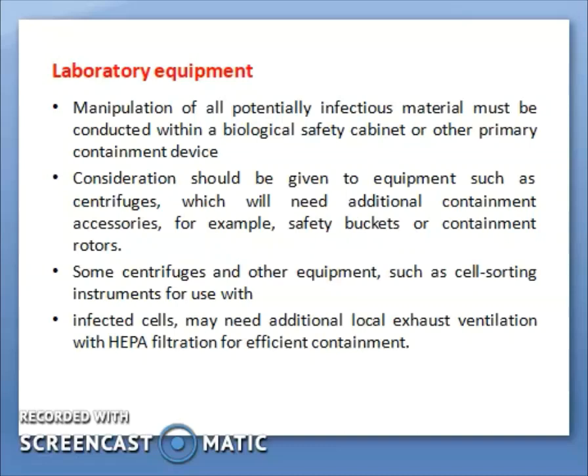Consideration should be given to equipment such as centrifuges, which will need additional containment accessories, for example safety buckets or containment rotors. Some other equipment, such as cell sorting instruments used with infected cells, may need additional local exhaust ventilation with HEPA filtration for efficient containment.